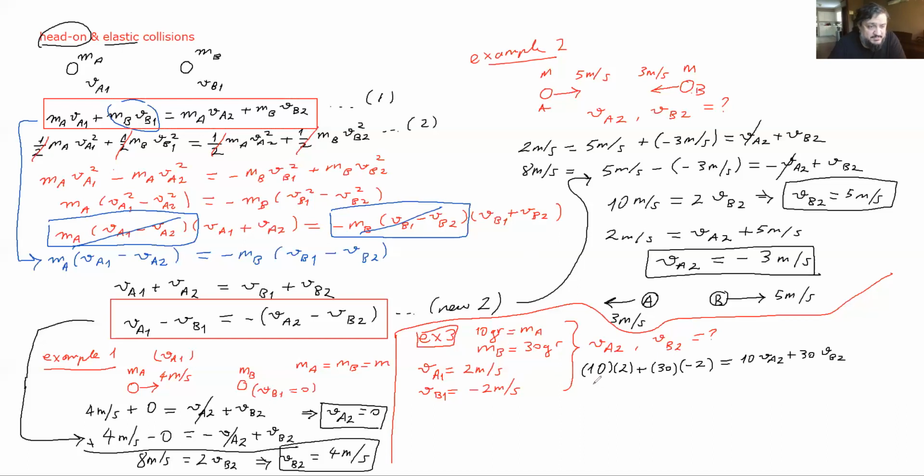And from equation number 2, or the new number 2, VA1, which is, see, there's no mass in the second equation, right? VA1, that was 2, minus VB1, that's negative 2. Now this will be equal to negative VA2 plus VB2.